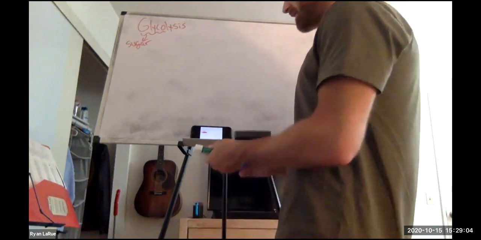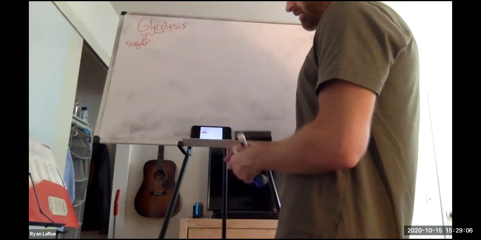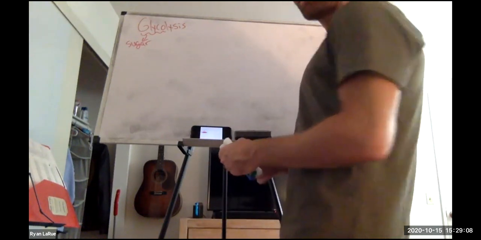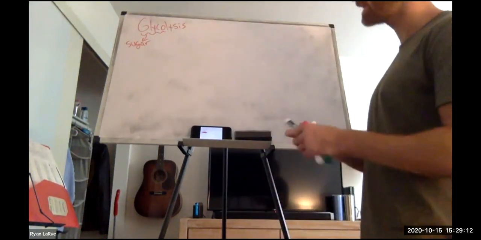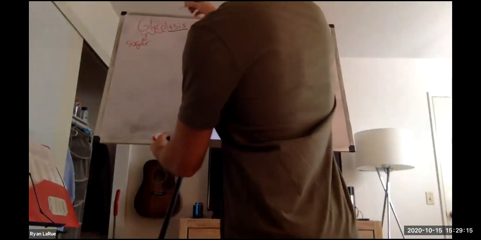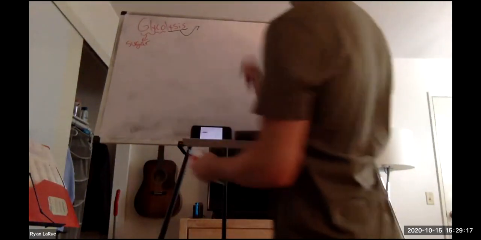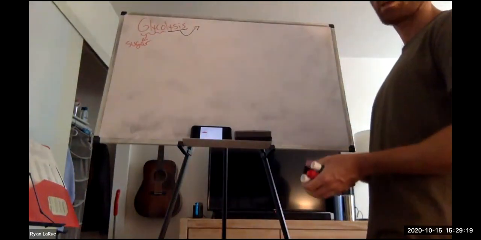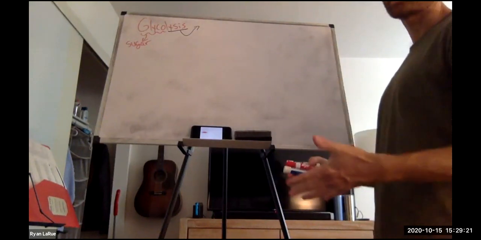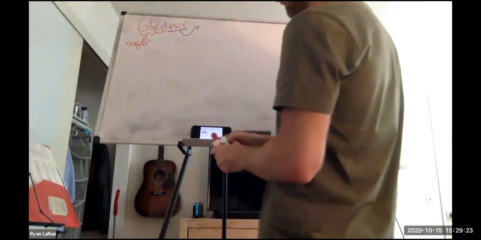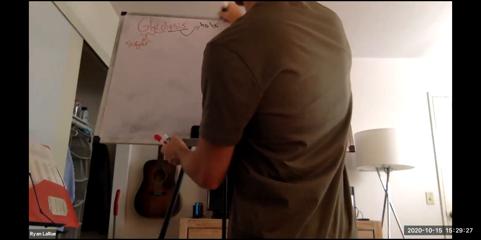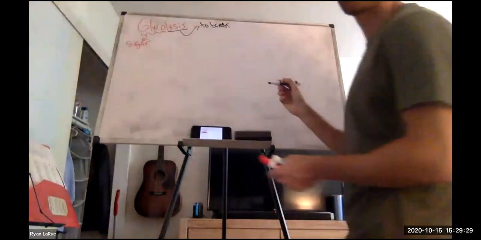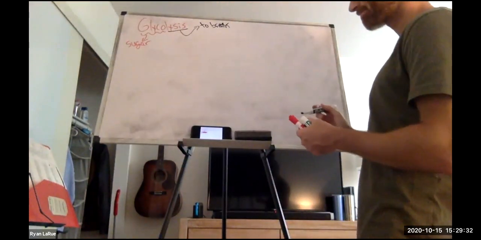And then lysis, we talked about the lysosome and hydrolysis, right? Who remembers what lysis means? To lyse something. Yeah, to break it or split it apart, absolutely. So what we're doing in glycolysis is we're breaking apart sugar, namely glucose.